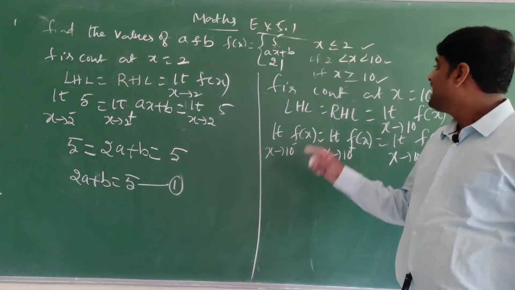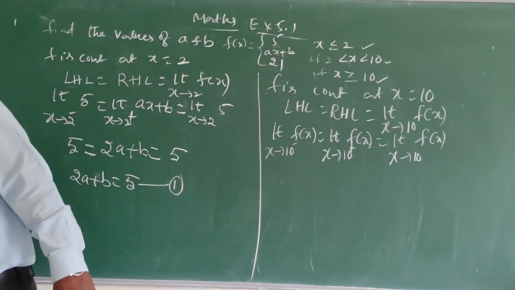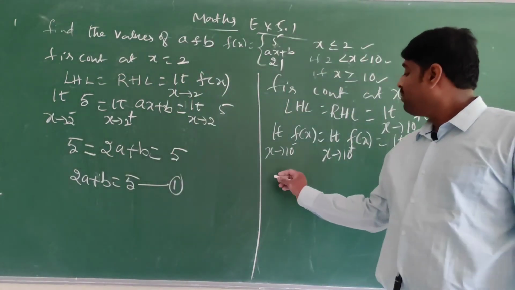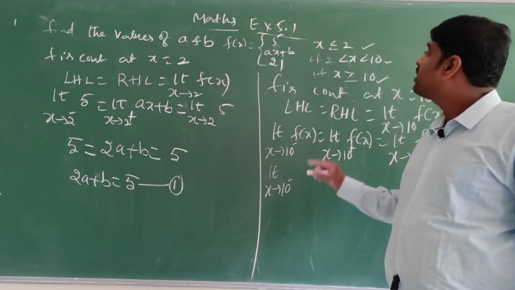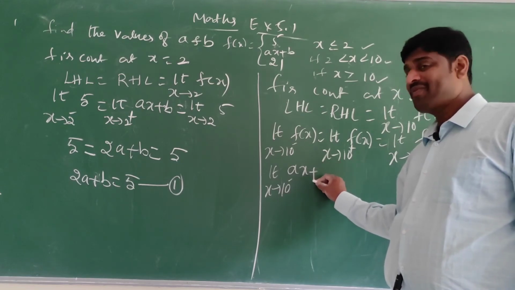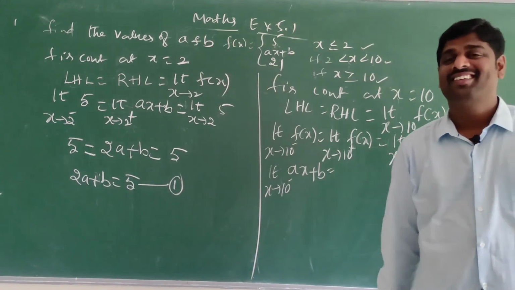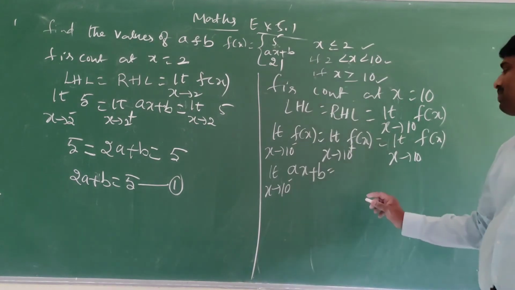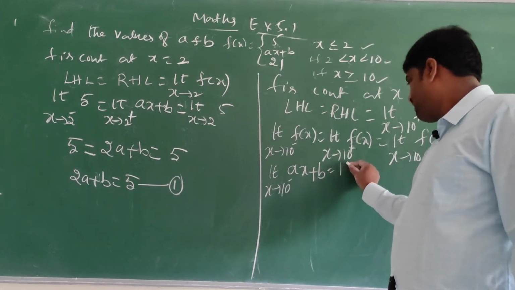Here, for less than 10, the value is ax plus b. Is it clear? Yes. Limit x tends to 10 minus ax plus b equals limit x tends to 10 plus, which means 21.